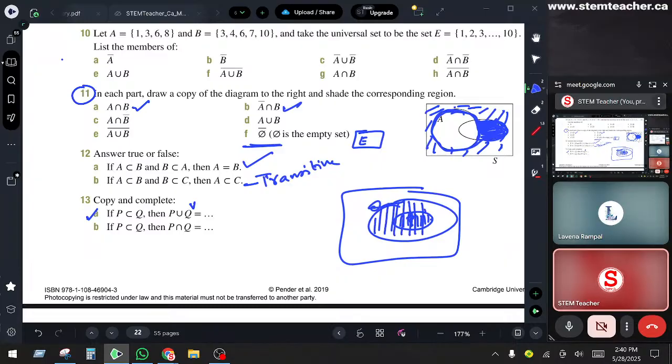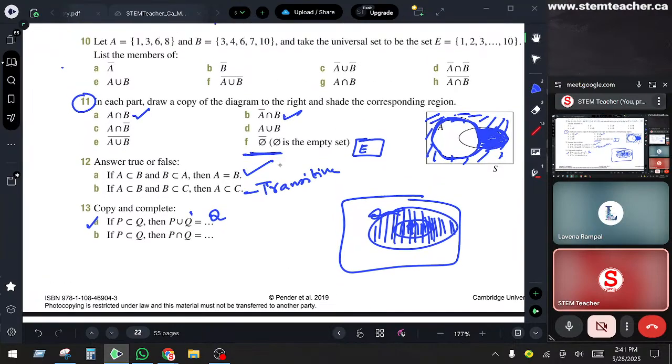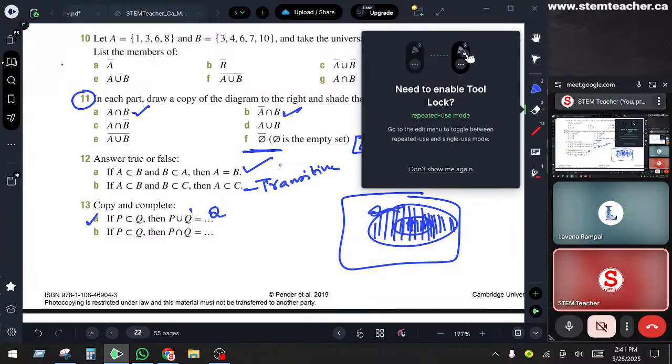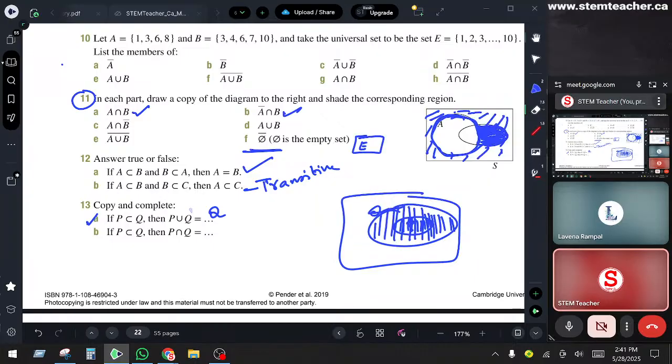Their union is the same, therefore it is your Q. Next, P intersection Q. For example, this is your Q and P is contained in this. What about the common portion? The common portion will be P only. So P intersection Q equals P.